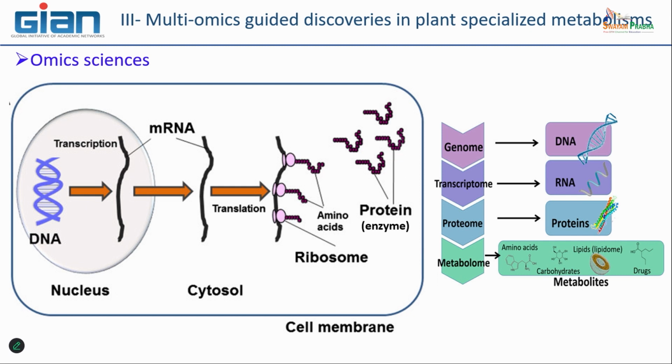Someone discussed this some days ago. So you see that there are not only 4 or 5 omics sciences. You can apply this idea of omics science to several types of material, in fact.